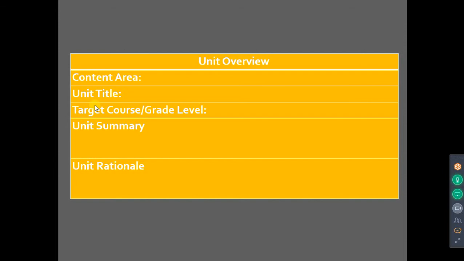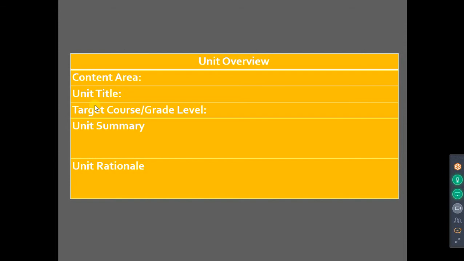So for the content area, what we're looking for is something beyond just science. Content would be the solar system, or something within science that gives us some idea which area within science we're headed for. And then the unit title would be what you would tell kids or administrators or parents that this unit's called.